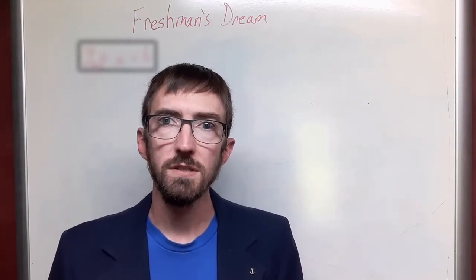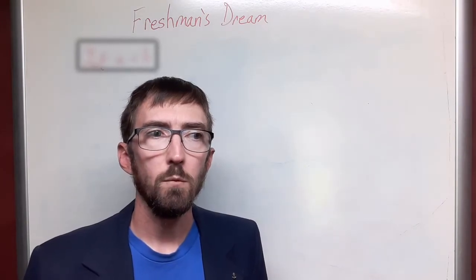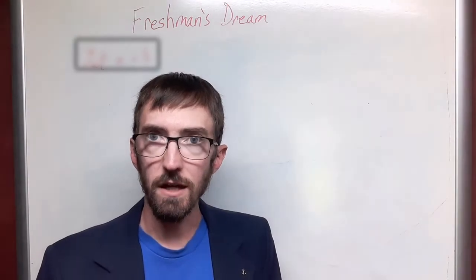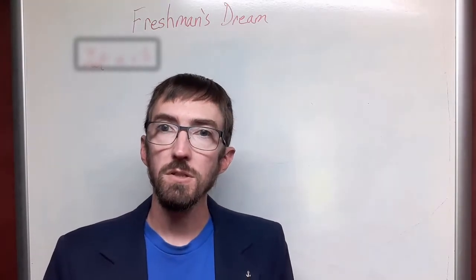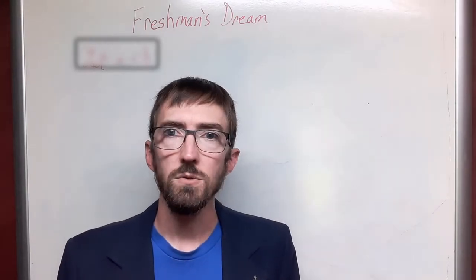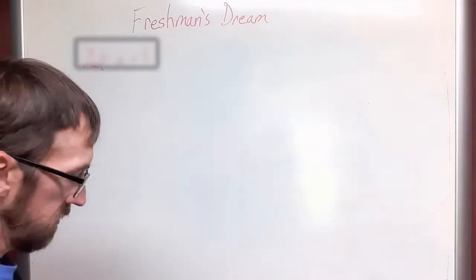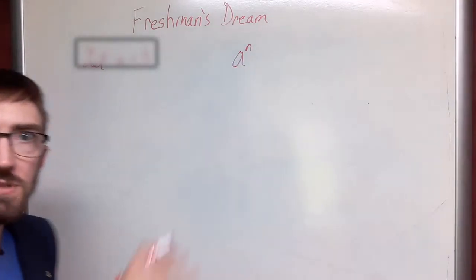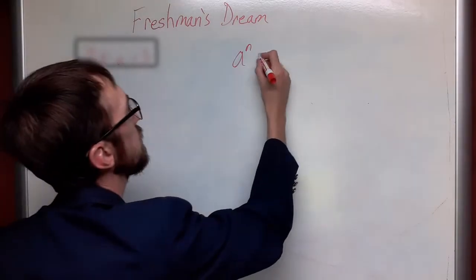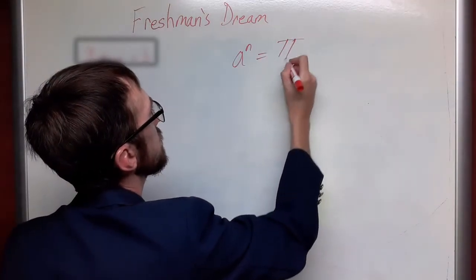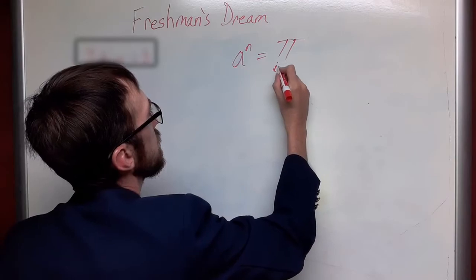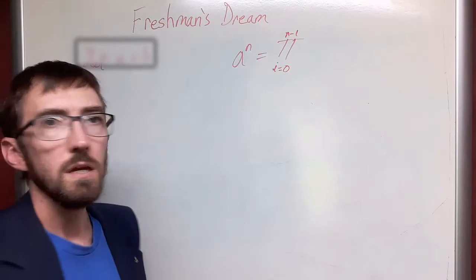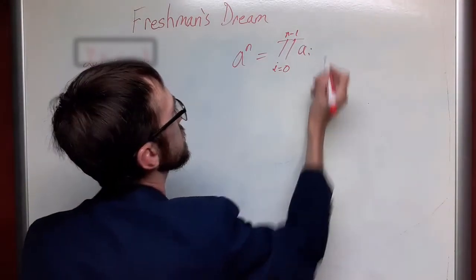We are going to look at what it means to define an exponent, because that's important, and how that's going to operate. We typically define an exponent, some base a to the n power, as the product of a sub i, indexed from 0 to n minus 1.